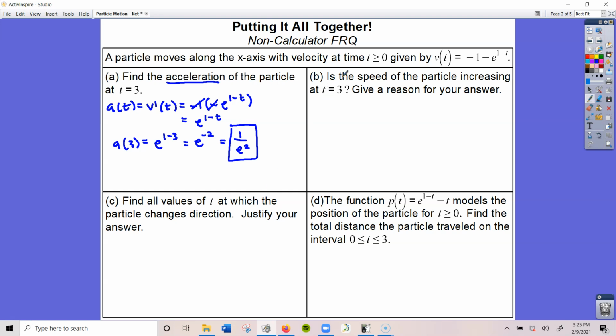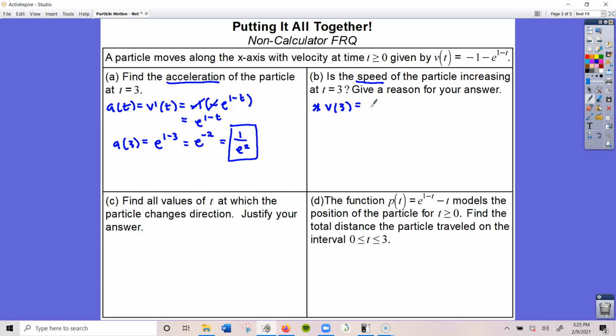For B, is the speed of the particle increasing at t is equal to 3? Give a reason for your answer. To figure out if speed is increasing or decreasing, we would have to compare the signs of both velocity and acceleration. I already have the acceleration when t is equal to 3, which is 1 over e squared, and that is a positive number. So now I just need to find the velocity when t is equal to 3.